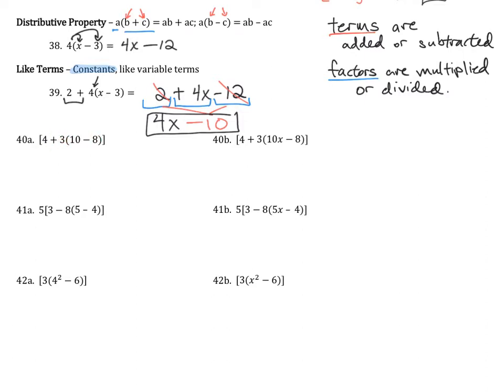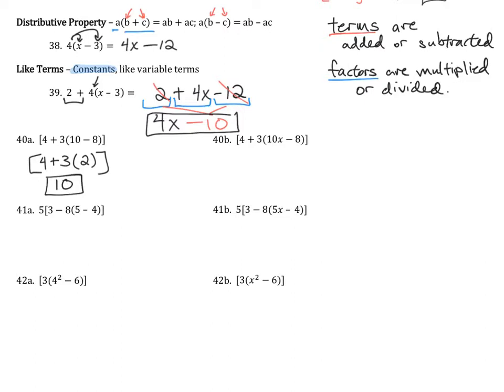So 10 minus 8 is 2. That's what's in the parentheses. We can perform the multiplication. 3 times 2 is 6. And then I'm going to immediately add it to 4 because I'm out of space. So the answer here would be 10.